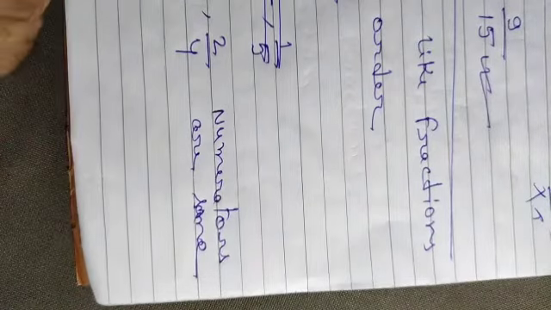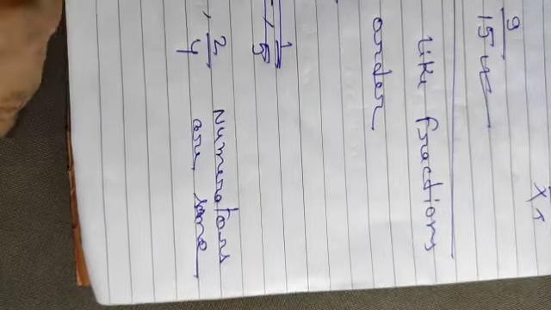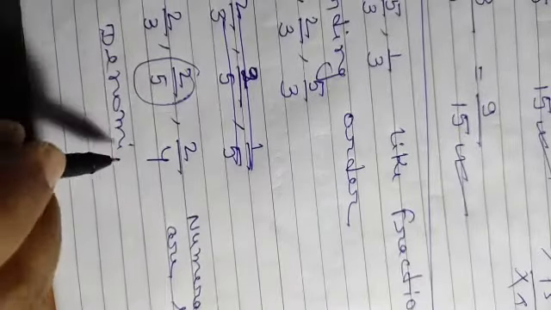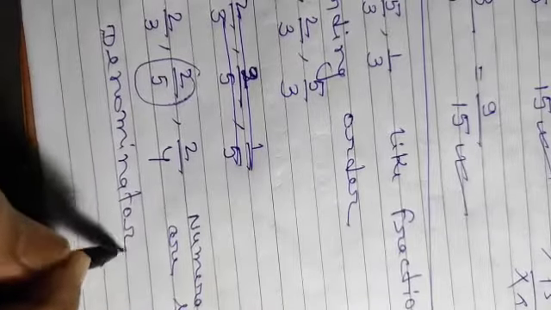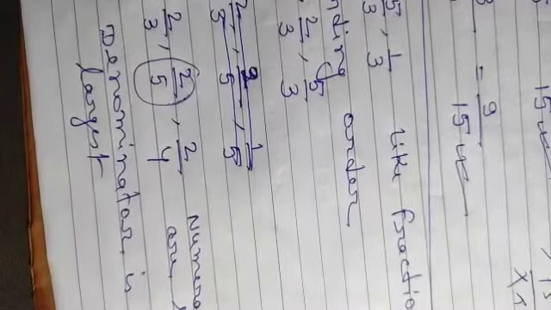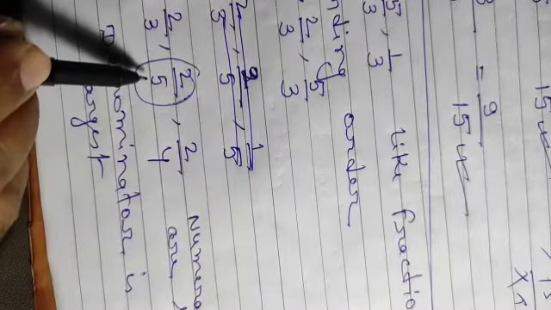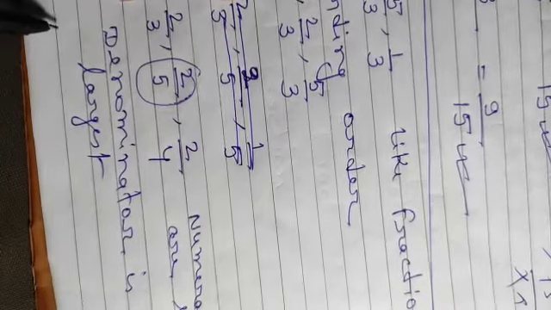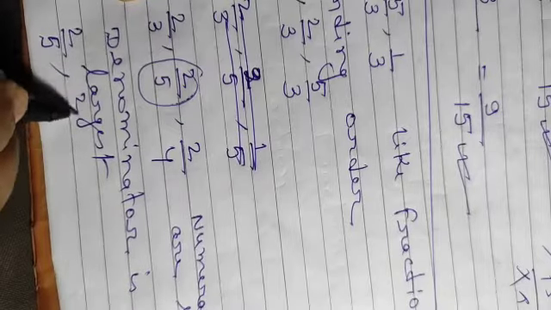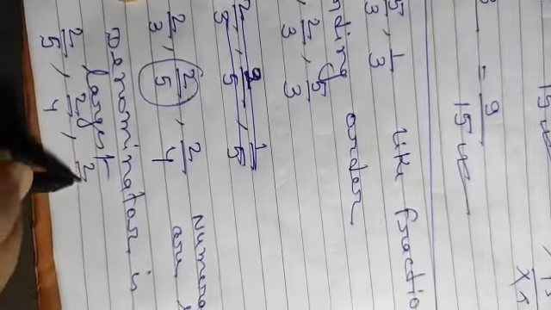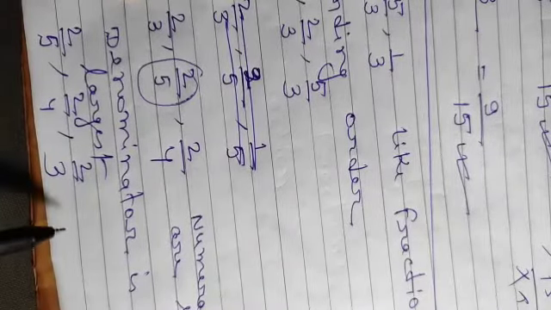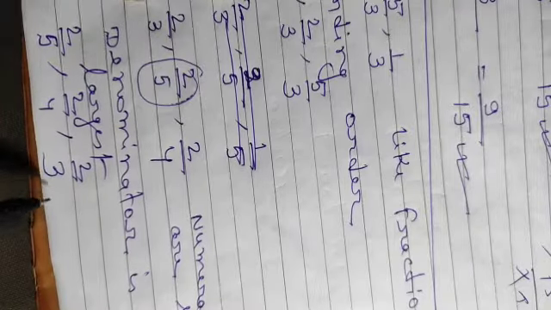Yes, the denominator is largest in 5. So it will be the smaller one. Means 2 by 5 will be the smallest one. Then 2 by 4 and then 2 by 3 will be the largest number. We have arranged in ascending order, means smaller to larger.